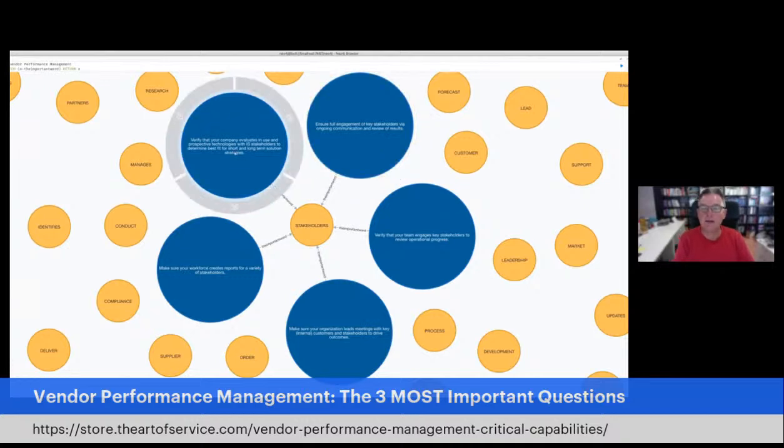Verify that your company evaluates in-use and prospective technologies with information system stakeholders to determine best fit for short and long-term solution strategies. And make sure your workforce creates reports for a variety of stakeholders. Make sure your organization leads meetings with key internal customers and stakeholders to drive outcomes.